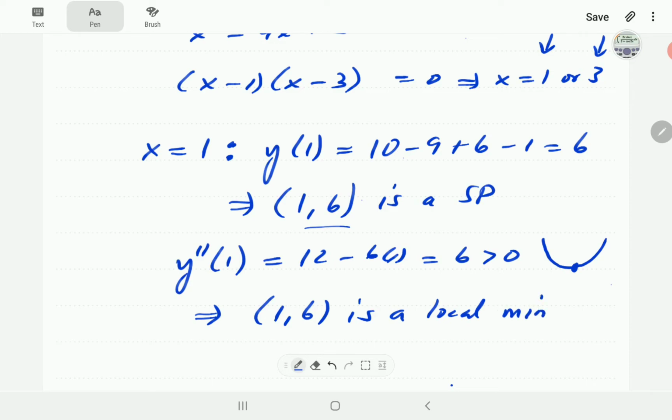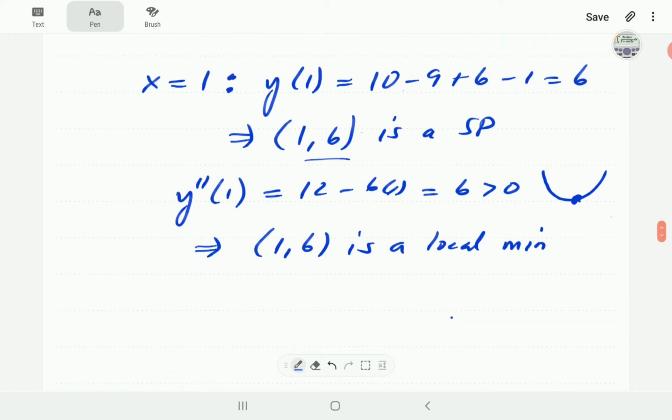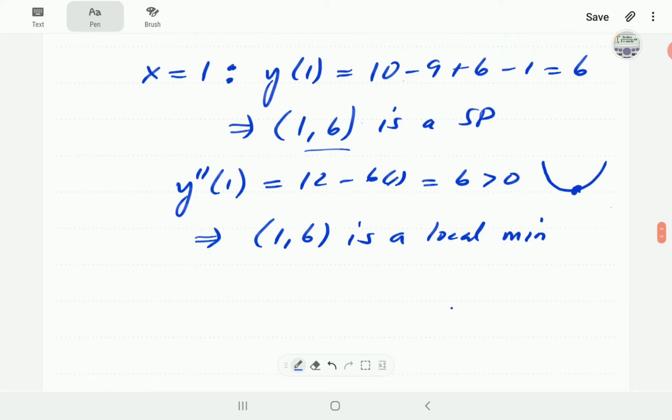Because if the graph is like this, this is the lowest point in that neighborhood. All right, so that sorts out the analysis of the stationary point at x equals 1. Then next we go to the stationary point at x equals 3 and perform a similar analysis.